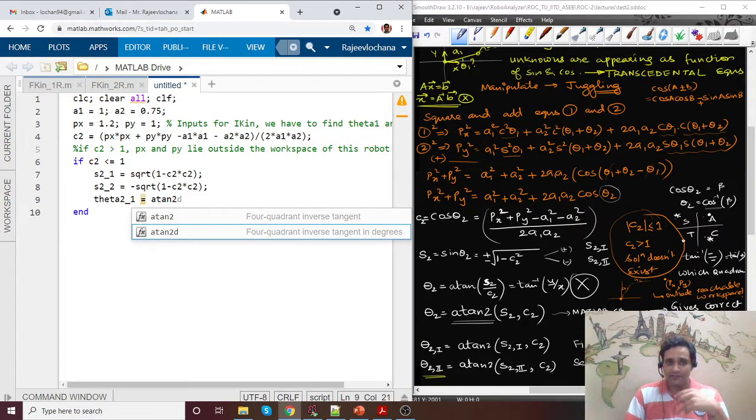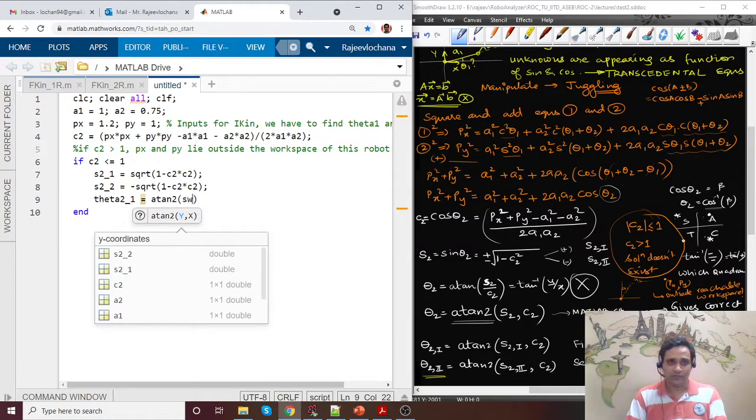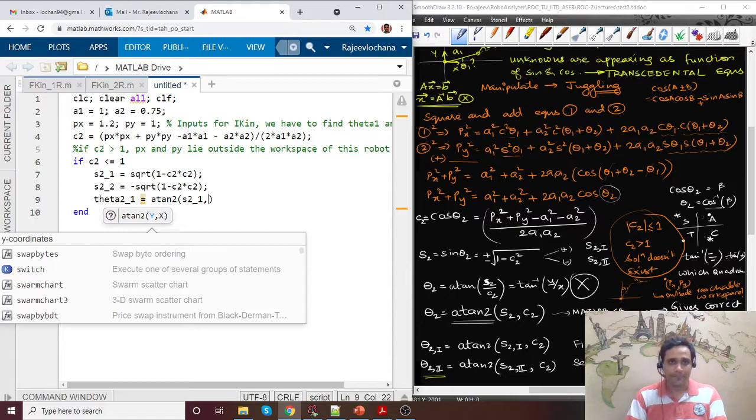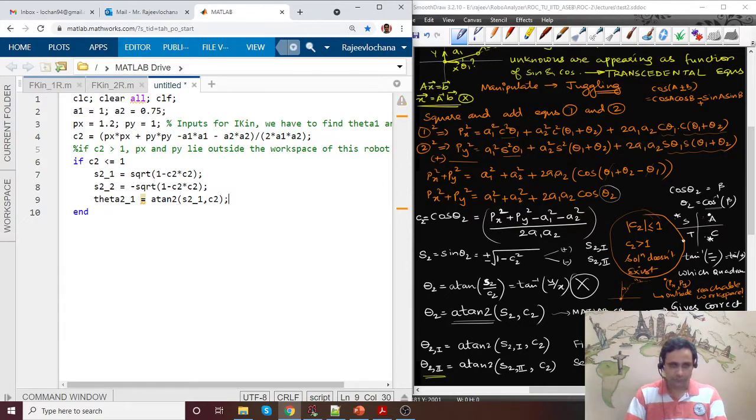But as a programmer, we should always use SI units in our main formulation, the code. Do not worry about degrees. Only when you show it to the user, you can convert that to degrees. Otherwise, let it remain in radians. atan2 of S2_1, C2. That is one of the solutions.